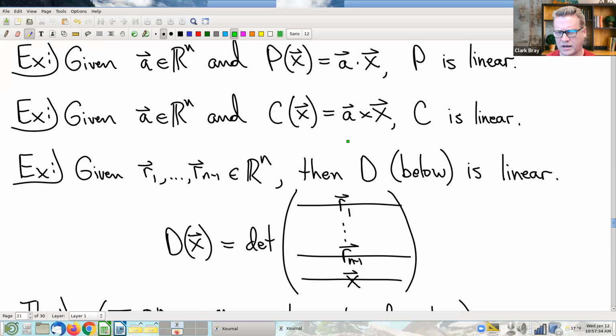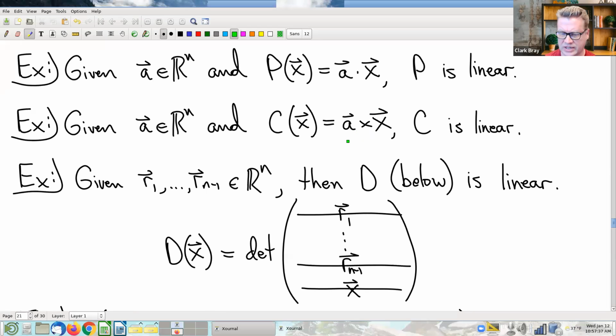And here's one that I dare say you almost certainly saw in Math 218. This is an important property about determinants, and I know you all have seen a lot about determinants before. This is what's referred to as the multilinearity of the determinant. The way I'm going to say it here is that if you have n minus one vectors given, you can define a function with that.